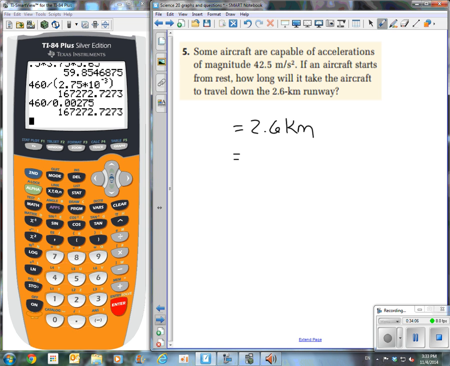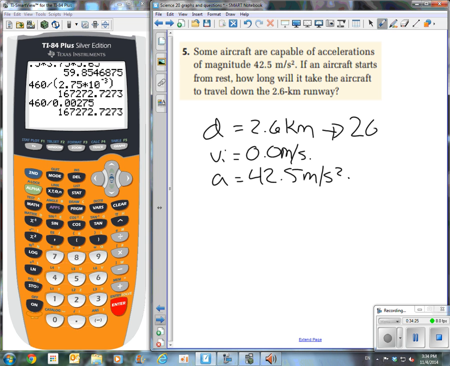I've got from rest, so 0.0 meters per second. This is v_i. And I've got an acceleration of 42.5 meters per second squared. This is distance. I'm going to convert this to meters, so 2,600 meters.